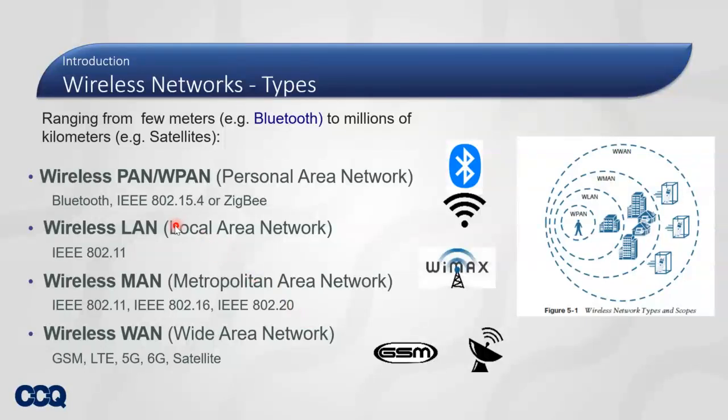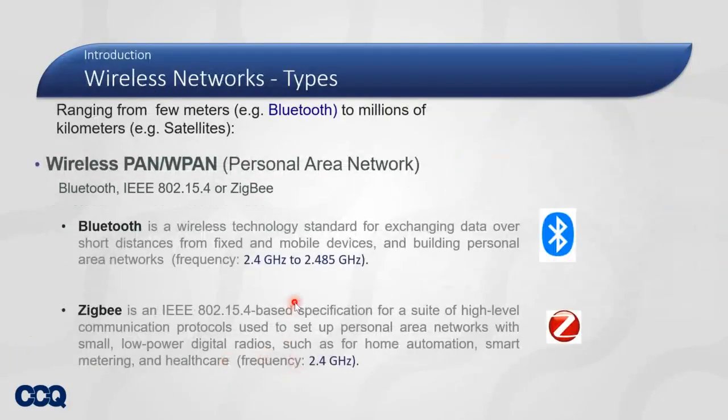Examples of wireless WAN are GSM, 2G, WCDMA, 3G, and LTE, which is the 4G cellular system based on MIMO, one of the technologies that we will explain in chapter 3. 5G, 6G, and satellite are all examples of wireless WAN.